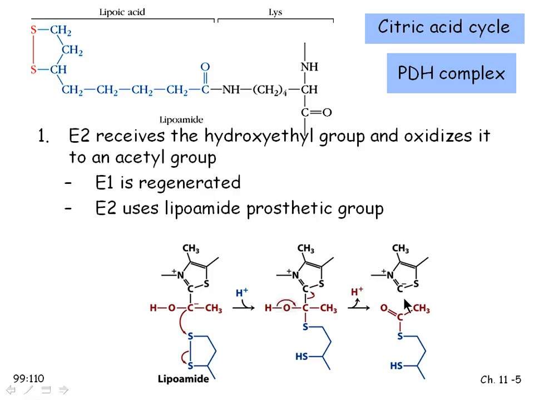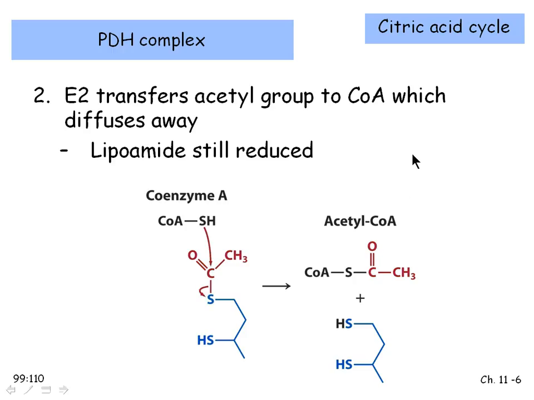It's stuck onto the lipoamide covalently. So to get that enzyme back, we'll have to get it off somehow. And in the process to do that, we will have to transfer it somewhere and get some reducing power back to get the lipoamide back.